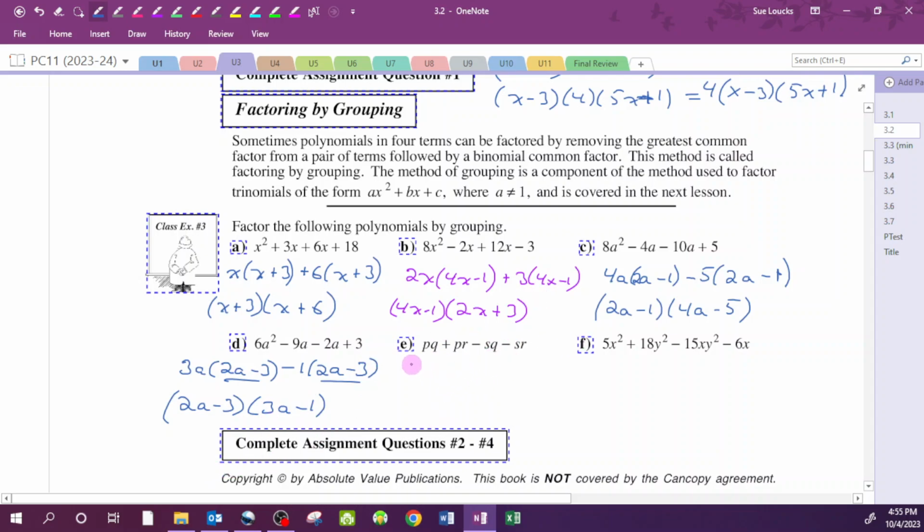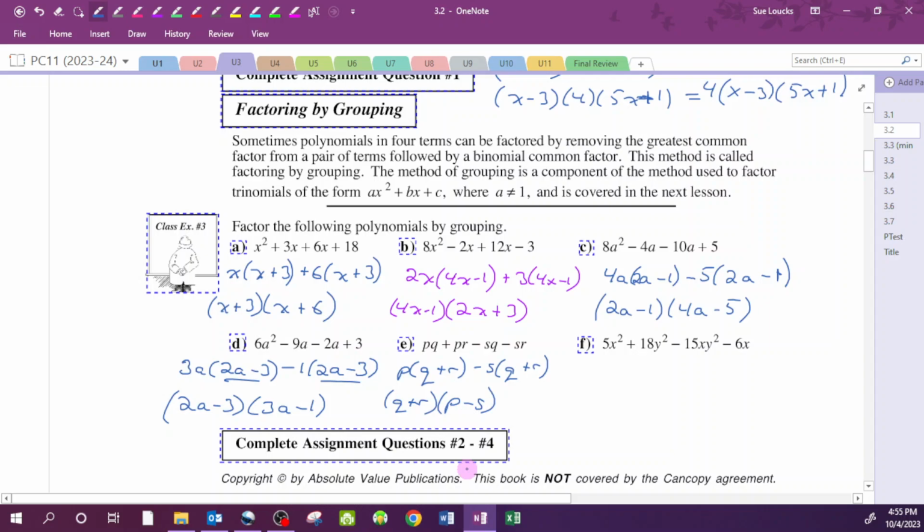Here we've got just letters, so I can factor out a p. I've got p times q plus r minus s times q plus r because I'm factoring out the negative s. So I have q plus r times p minus s.